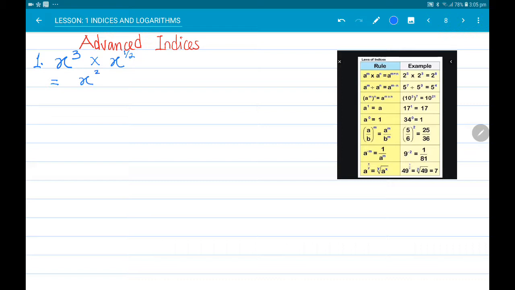Example 1. When you have x to the power of 3 multiplied by x to the power of half, that is 1 over 2, how do you handle this?